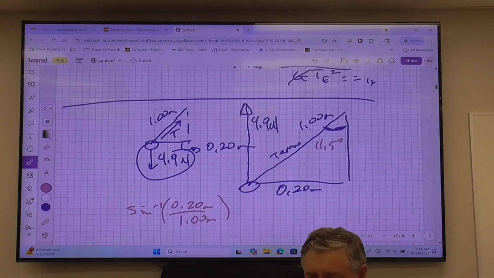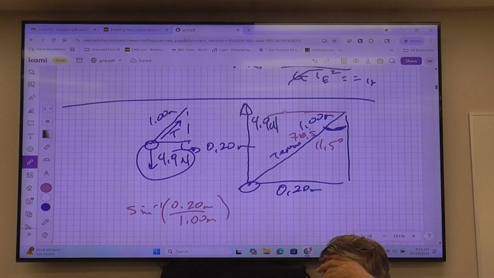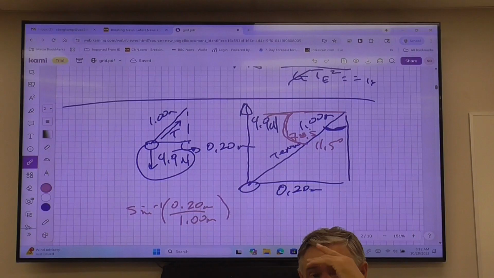Cool. Now, at this point, you need to draw this in whatever way makes the most sense to you. So Gavin, for the sake of argument, take 90 minus 11.5. 78.5. So that means this angle out here is 78.5, okay?